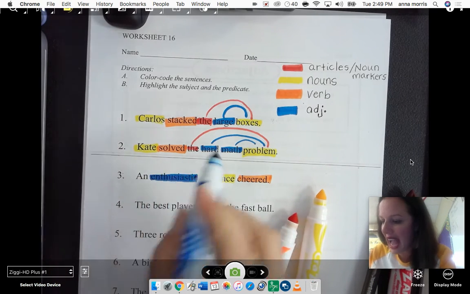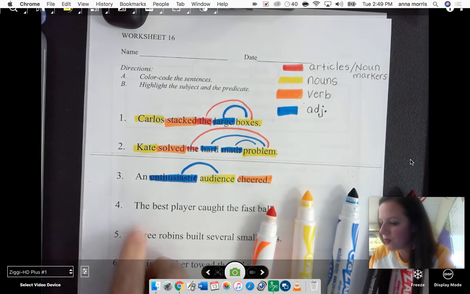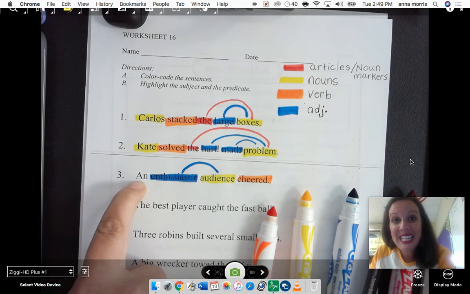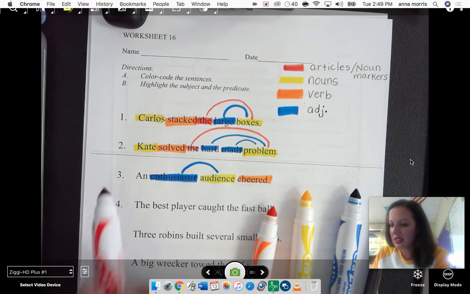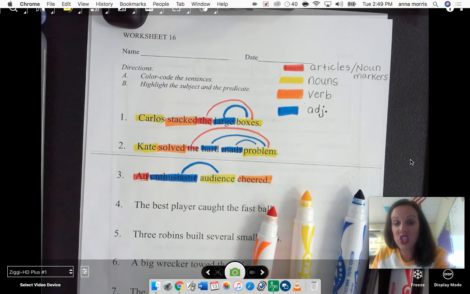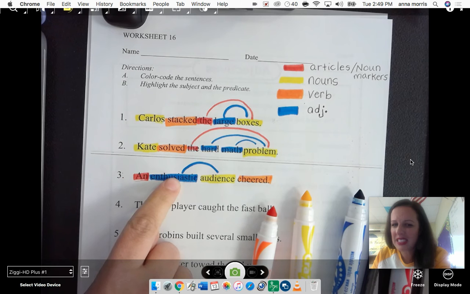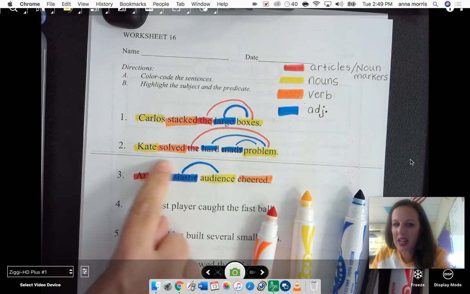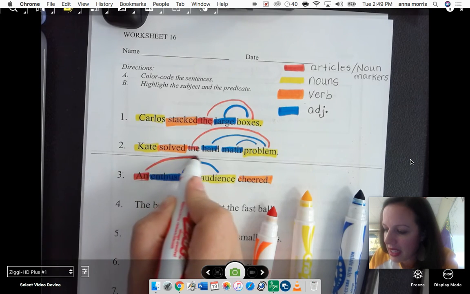An enthusiastic audience is cheering. Wow, I see a noun marker. A noun marker lets me know that a noun is going to be nearby. It's like a shining light, letting me know a noun is coming. What noun is coming? Not enthusiastic. It's not a noun. Yes, an audience. It's letting me know that it's coming.